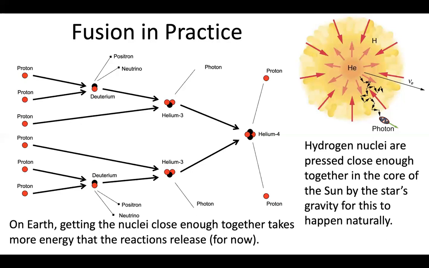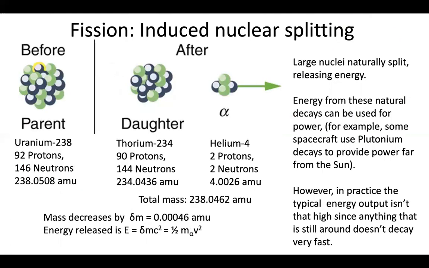The other kind of process that can happen is fission, where a nucleus splits. Now, in a sense, the thing we called alpha decay is also an example of fission. It's where one nucleus breaks up into two parts, one of them just being a helium atom. Now, this releases energy, which is great.